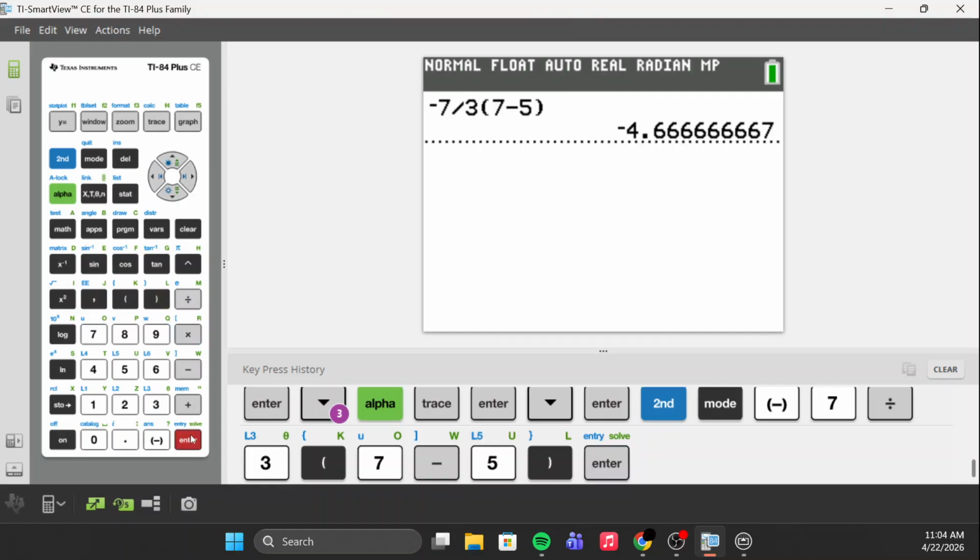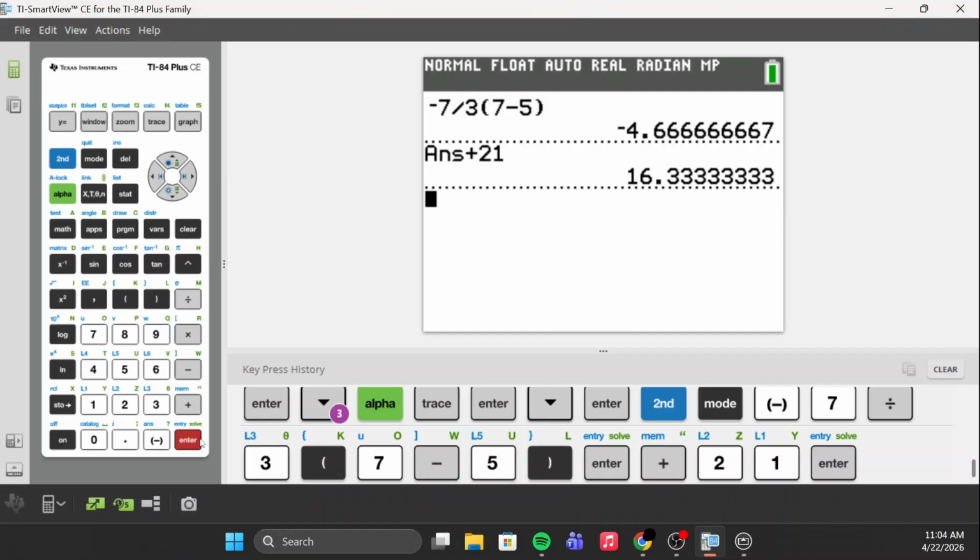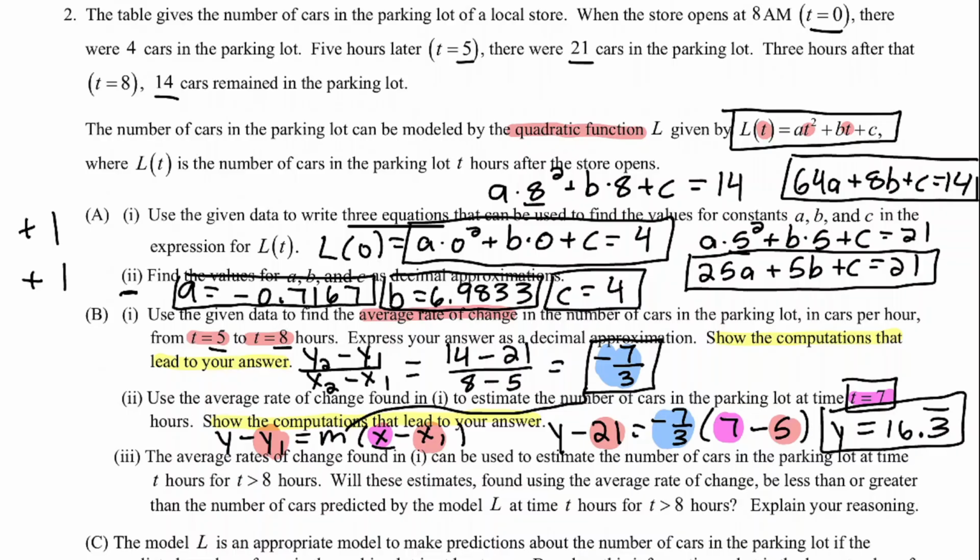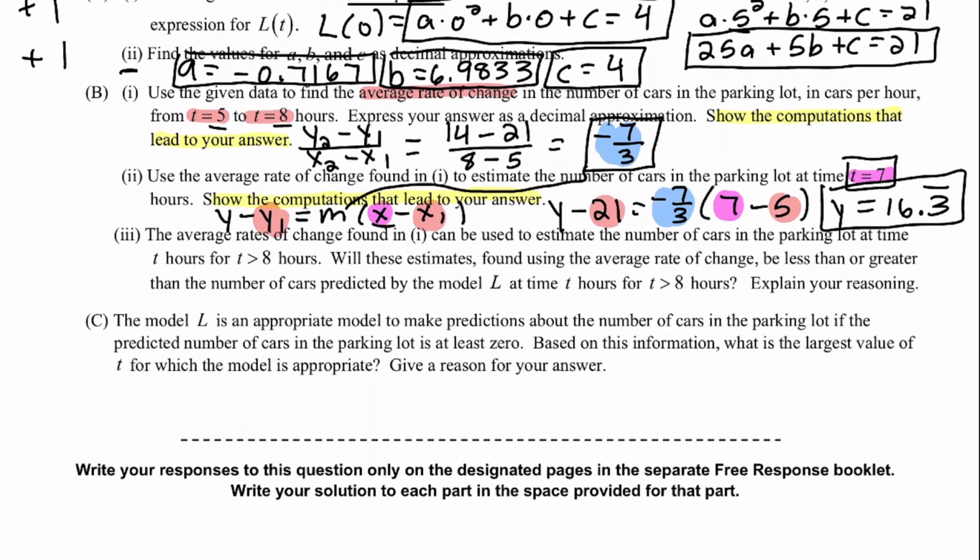Gets me negative 4.667. And then I want to add 21 to find y. I get y is equal to 16.333. So I would expect about 16 cars in the parking lot. Or 16.33 cars.